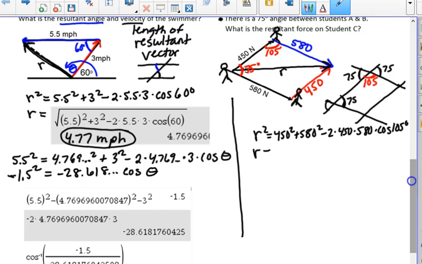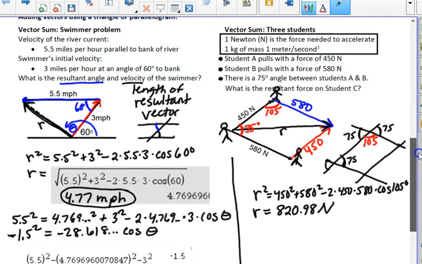Put the whole thing in your calculator, and you end up with r equals 820.98 newtons.